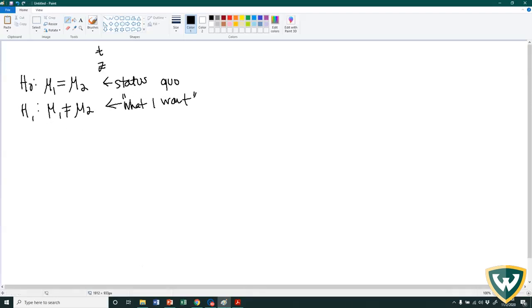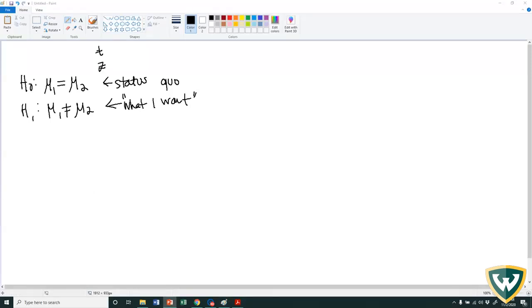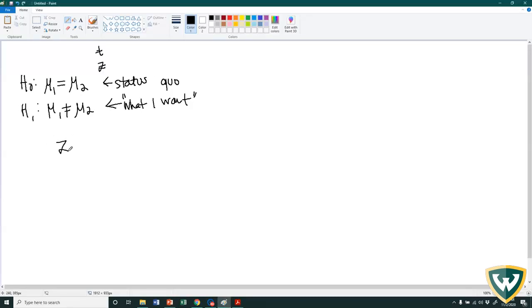So now let's go ahead and calculate the observed z-score. Z is equal to the mean of group 1 minus the mean of group 2 divided by the standard error of the differences between the two groups. And that is equal to: the first group's mean is 4.5, right? So x bar for the first group is 4.5. The researcher said the standard deviation is equal to 0.5.